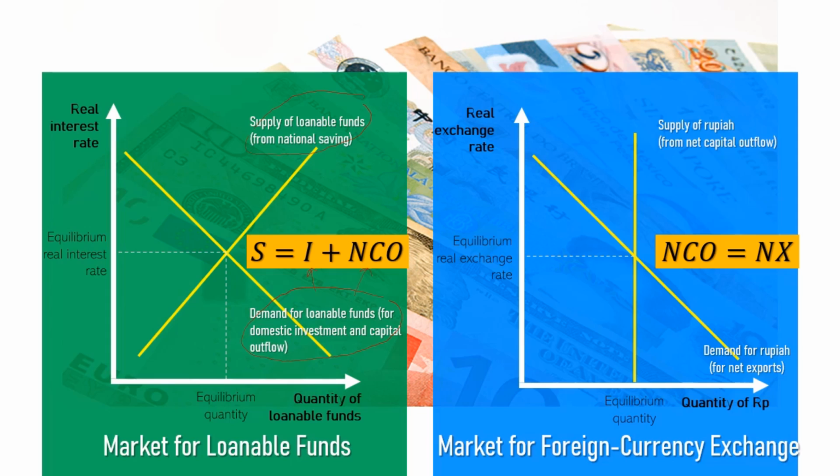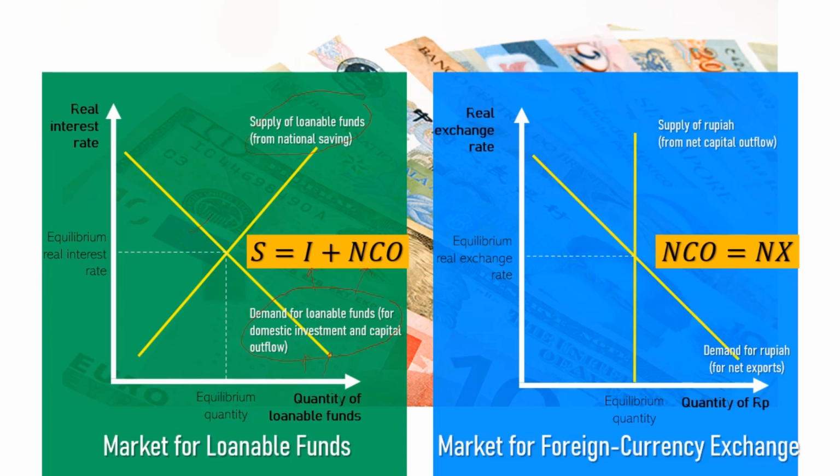Instead, with the capital inflow or lower net capital outflow, there will be less demand for national savings or the loanable funds because part of the domestic investment now is financed using more funds from abroad. So it's clear now both I and NCO are negatively affected by real domestic interest rate.